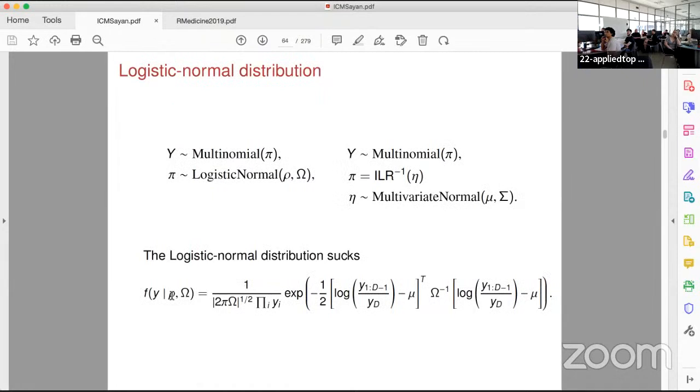Okay, so this right here is a logistic normal distribution. And the thing that kills it is that you have a product of your observations in the denominator. It makes it very hard to work with. Okay, but what we have above and this, they're in a way equivalent. The bottom left of that model on the right is equivalent. You just added deterministic stuff.